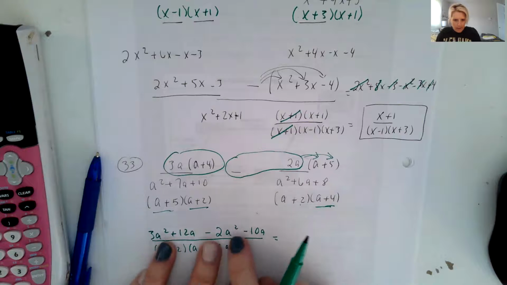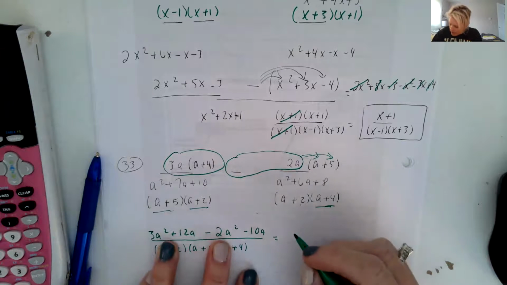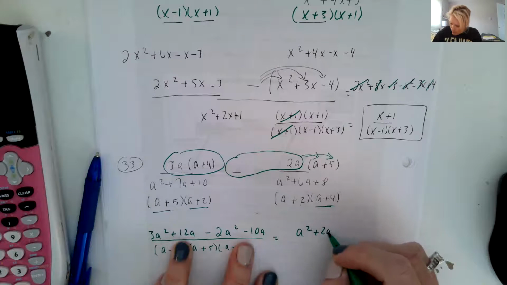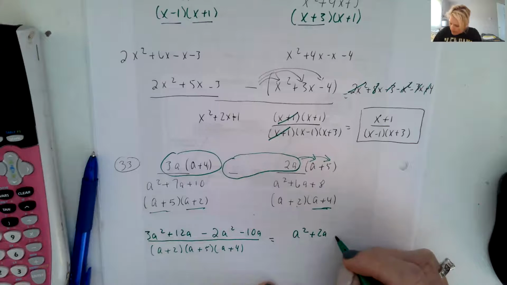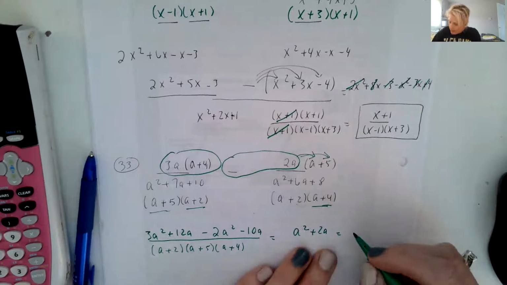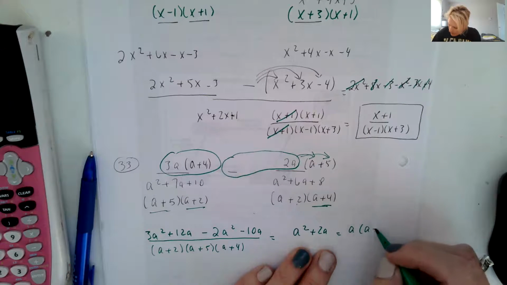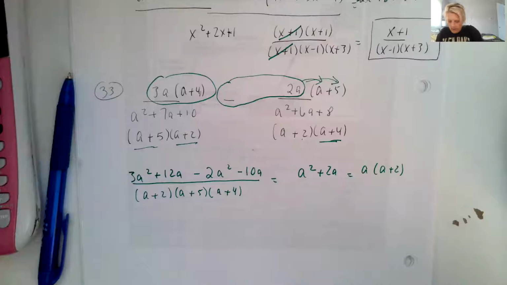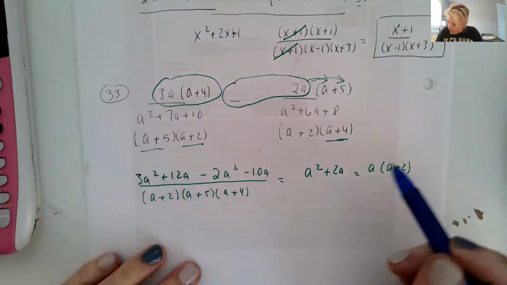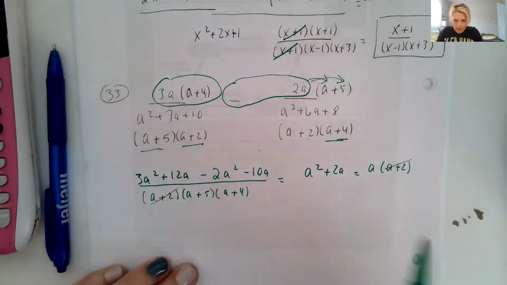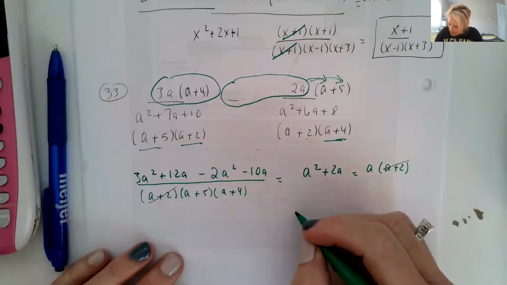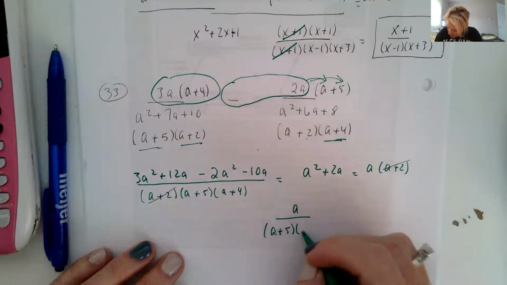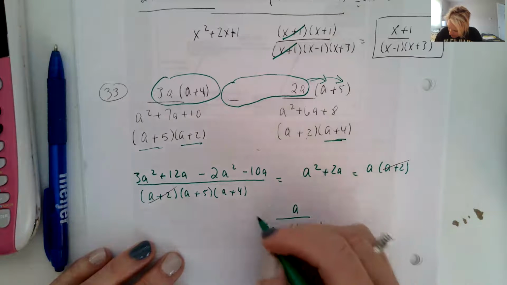So combining our like terms, we have 3a squared minus 2a squared is just an a squared and then plus 2a. So we can factor out an a, so we have a times a plus 2 all over our denominator here. So it looks like the a plus 2 cancels. So that reduces to a over a plus 5, a plus 4.